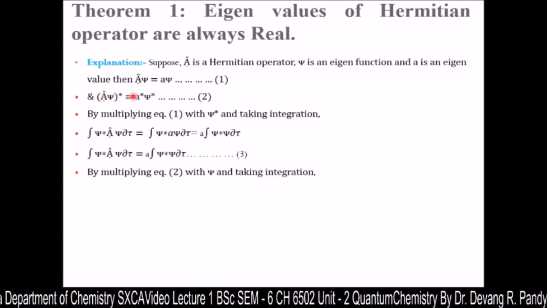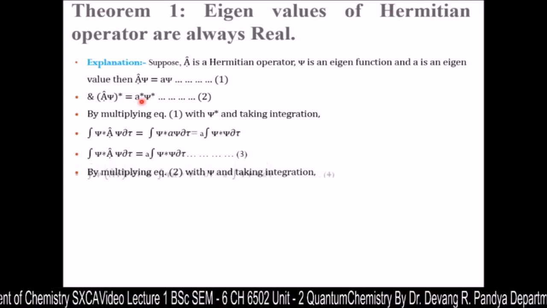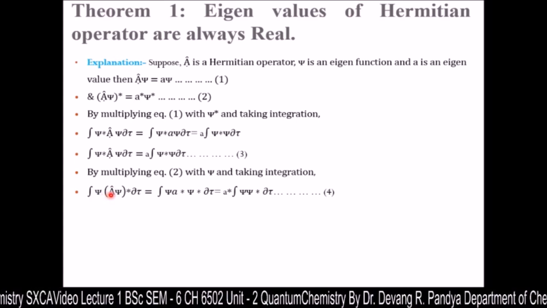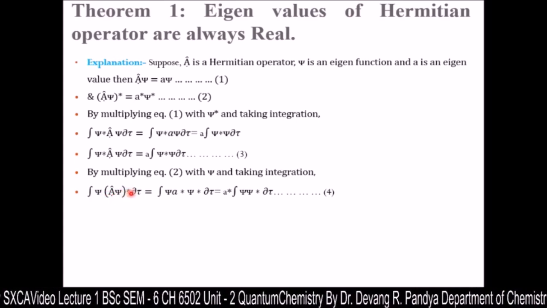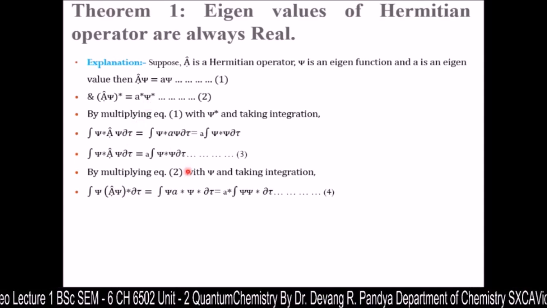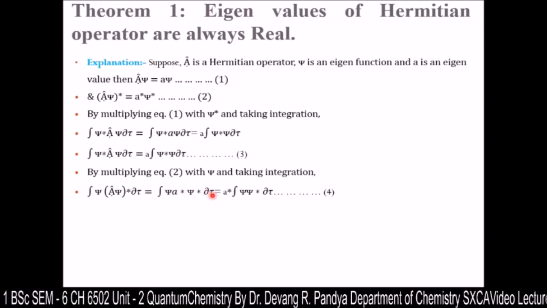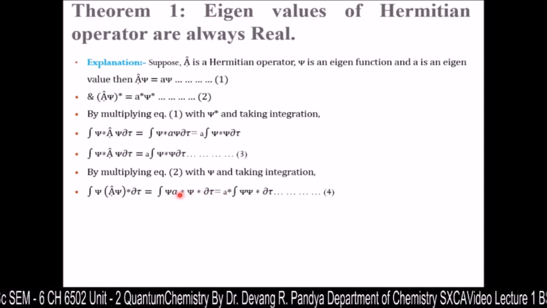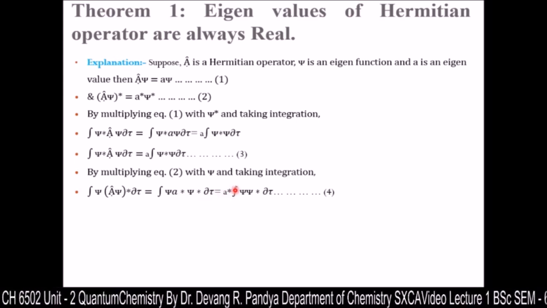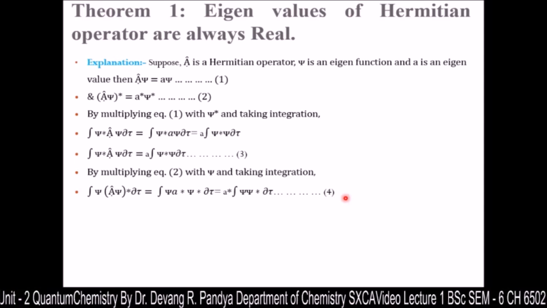Now we put the value from equation 2, this one: ∫ψ A*ψ* dτ. Now A* is a constant value, so we keep it outside the integration: A* ∫ψ*ψ dτ. That is equation number 4.